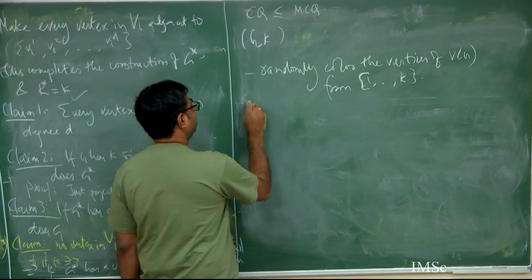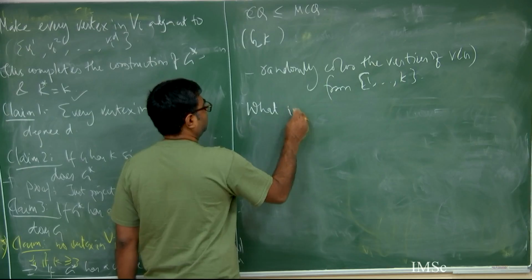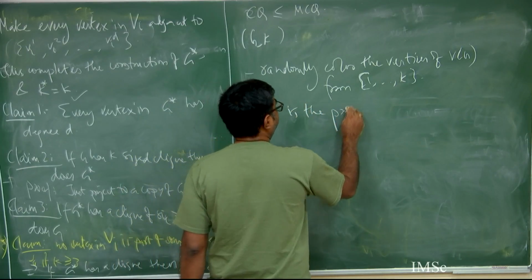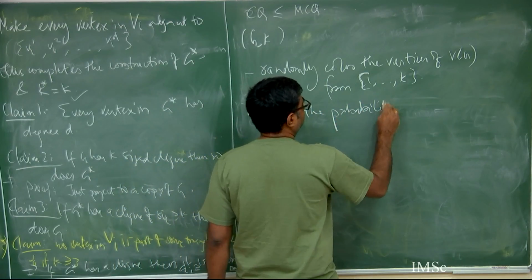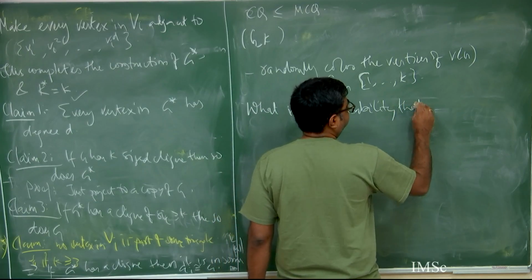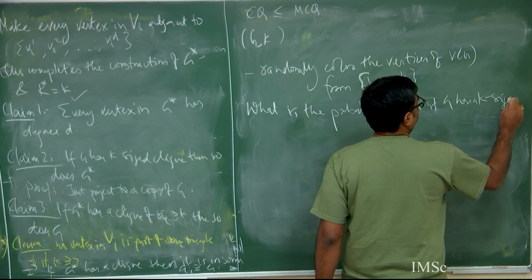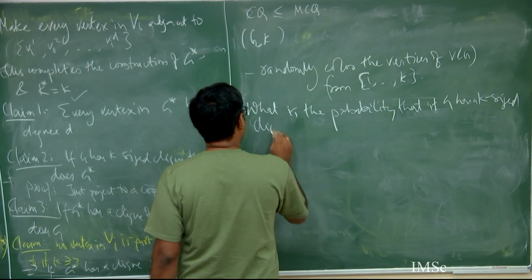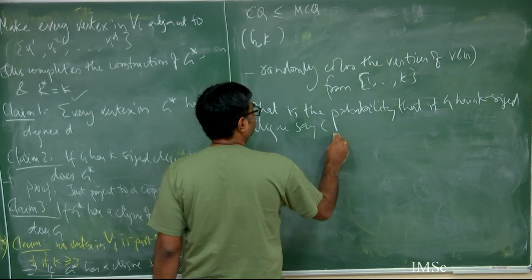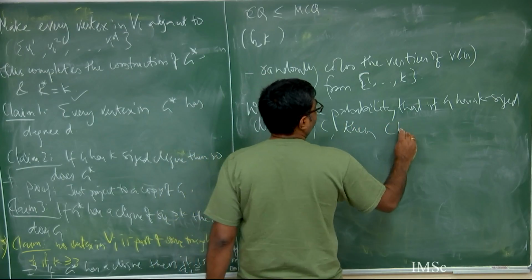What is the probability that if G has a K size clique, say C, then C becomes colorful?